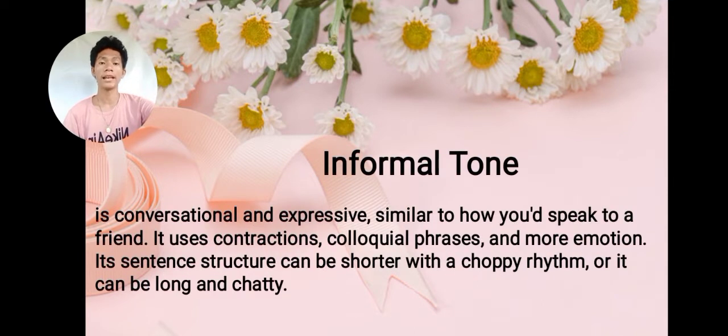Informal tone is conversational and expressive, similar to how you'd speak to a friend. It uses contractions, colloquial phrases, and more emotion, and the sentence structure can be shorter with a choppy rhythm, or it can be long and chatty.